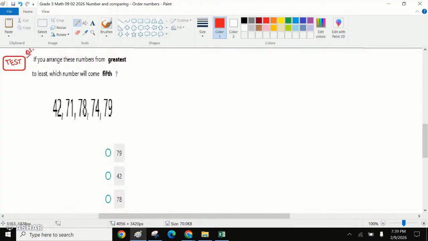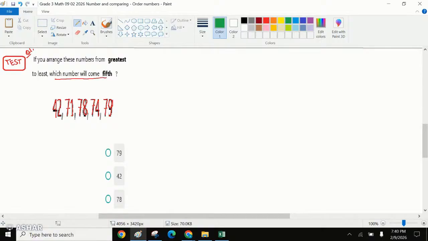The numbers were 42, 71, 78, 74, and 79. So which should be the 5th number in this sequence?